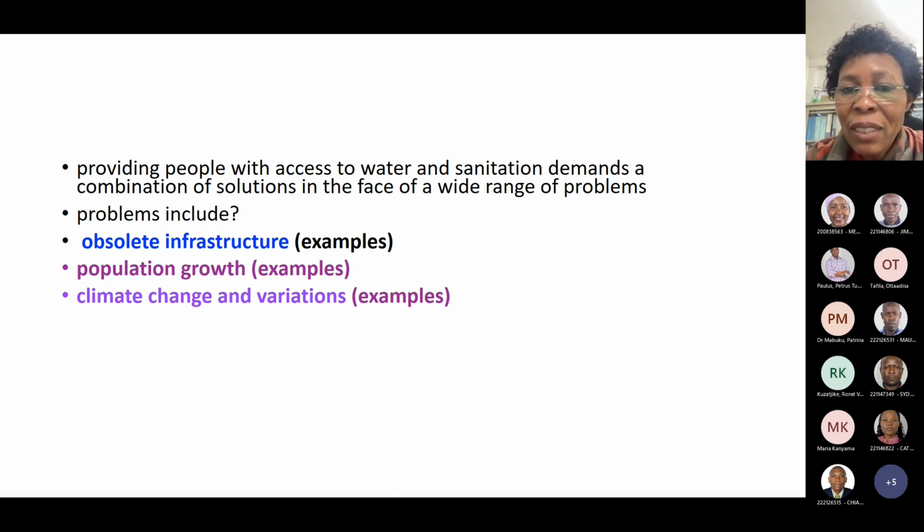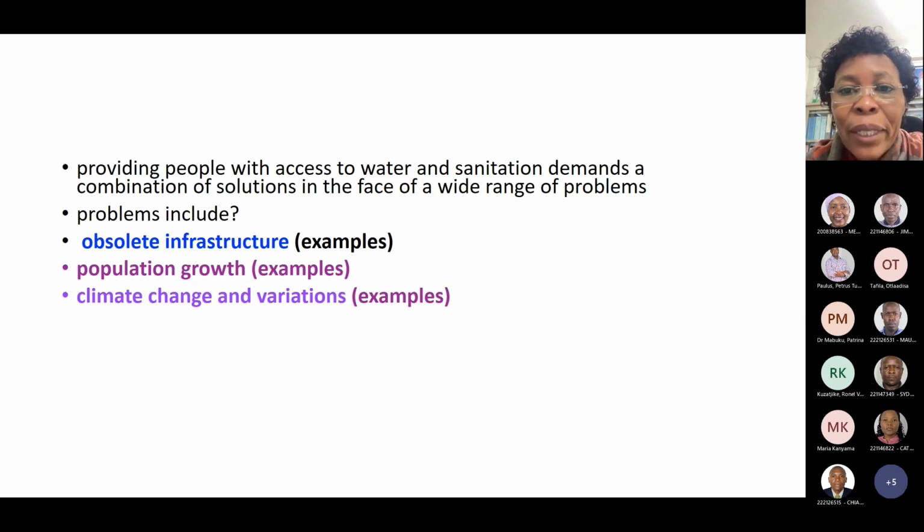Climate change and variation is another example. While the first two, obsolete infrastructure and population growth, we somehow can manage and have control of, when it comes to climate change and variation, I don't know how we can control that.